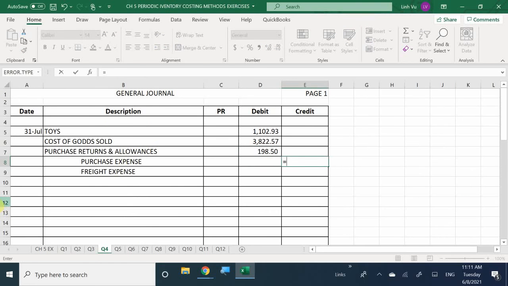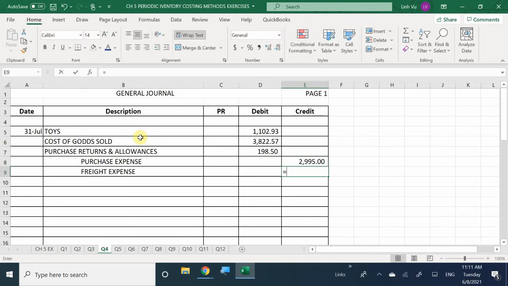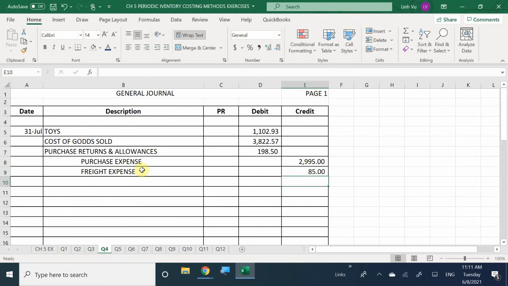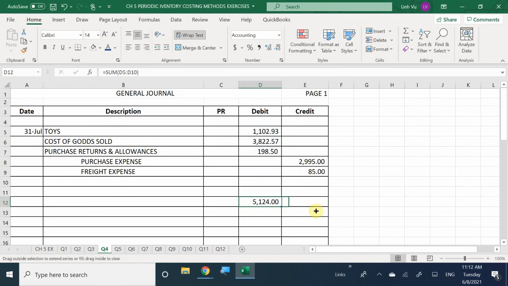What was my total original purchases? 29.95. Okay. What was my total freight? 85. Okay. So let's do our equal sum, just to make sure that our total debits match my total credits. Okay. So I get a total of 51.24 on the debit side, and I get a total of 3,080.